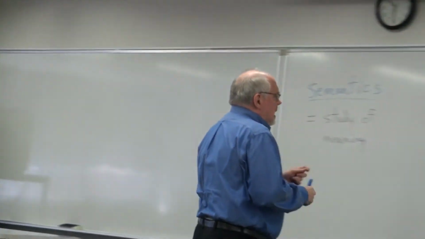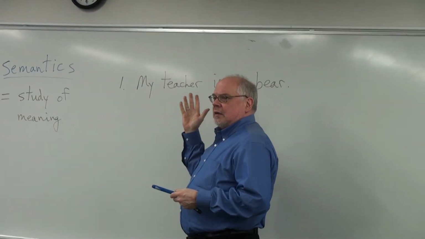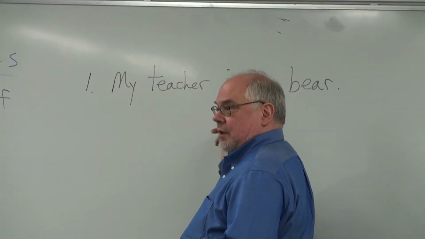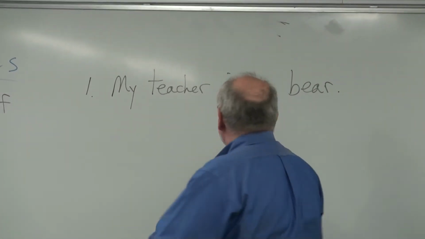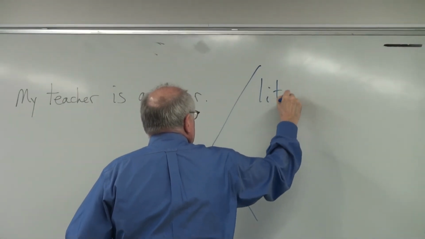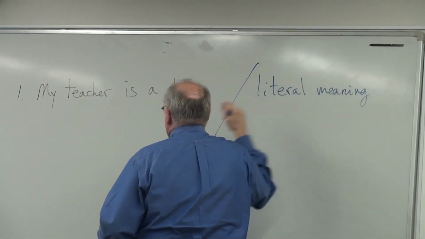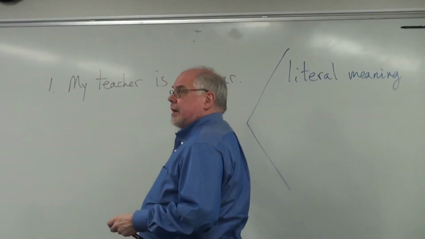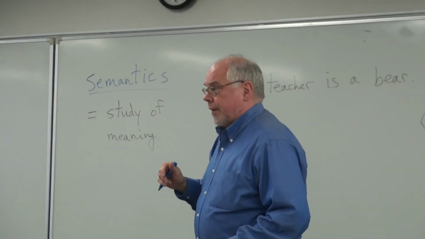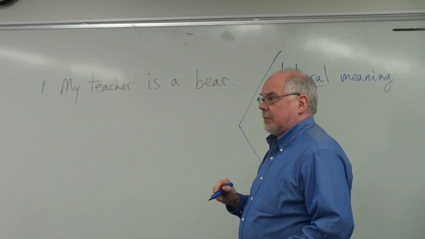So what we have to say is that this sentence means something that's not just the meaning of the words. There's something different here. So in other words, we've got a literal meaning, which is my teacher hibernates in the wintertime in a cave in Hokkaido as a large hairy animal. And what other kind of meaning would we be talking about?